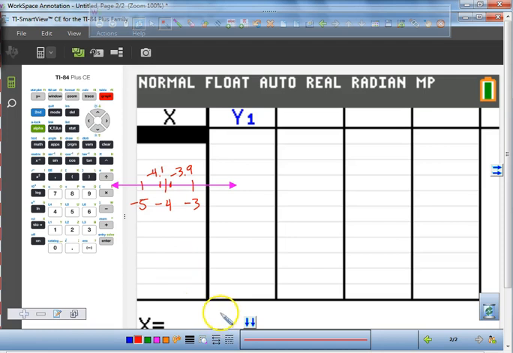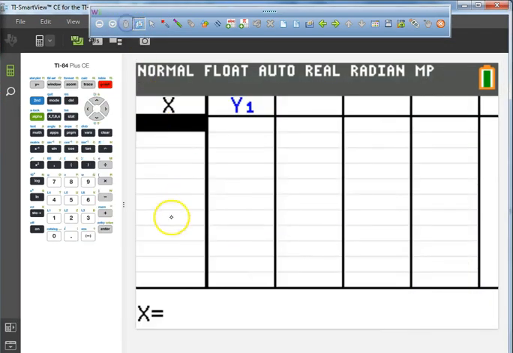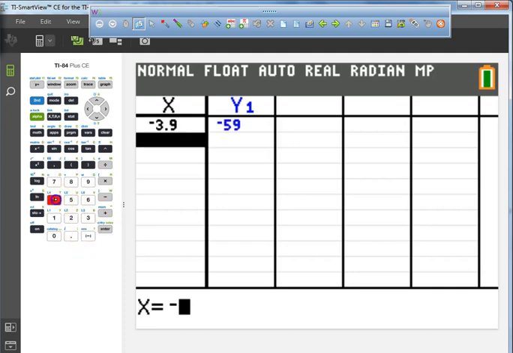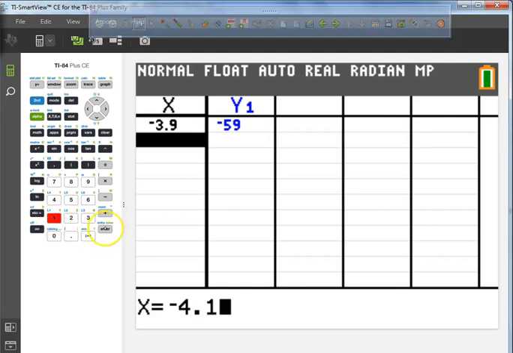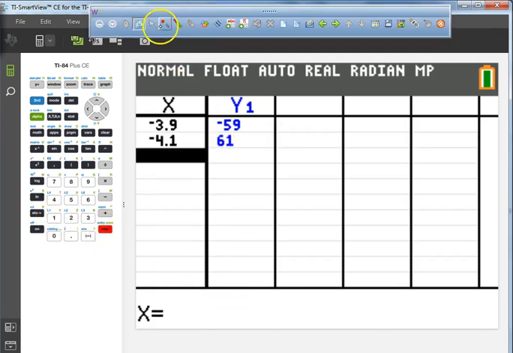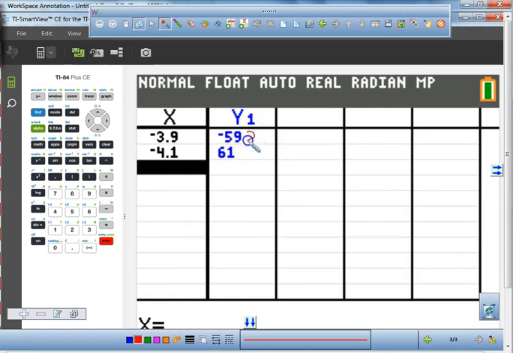So what I want us to do is see what's happening. Is it getting close to the same point or really far away? So what we're going to do right now is type in a negative 3.9 and press enter. And then type in a negative 4.1 and press enter. Wow, these numbers right here are not close.